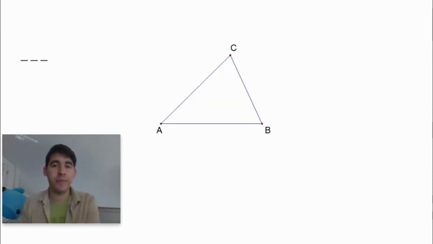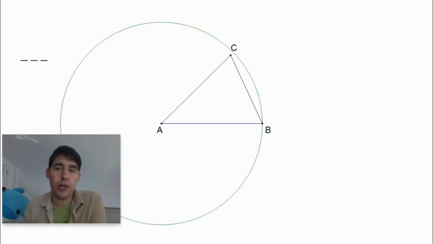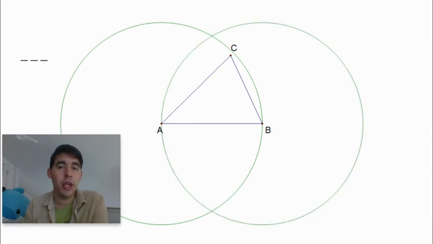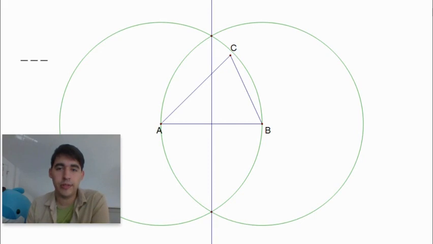Here's triangle ABC. We're going to do the perpendicular bisector of segment AB. So we're going to start off by drawing a circle centered at A with radius AB. Then we draw another circle centered at B with radius AB. Then we connect their intersection points. And this line is the perpendicular bisector of segment AB.